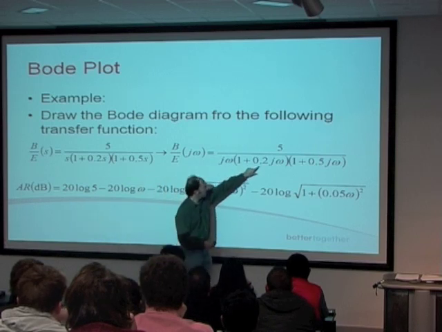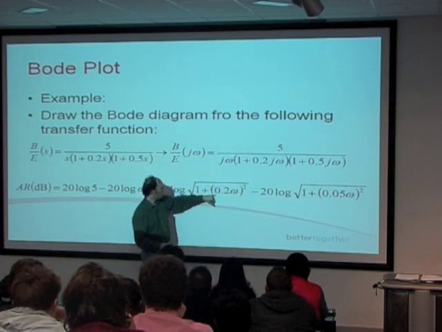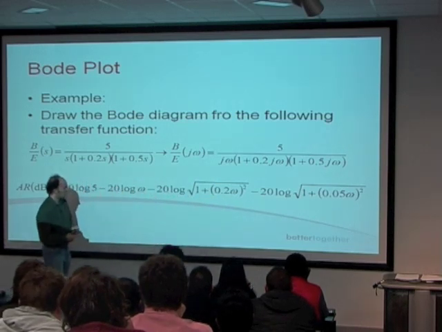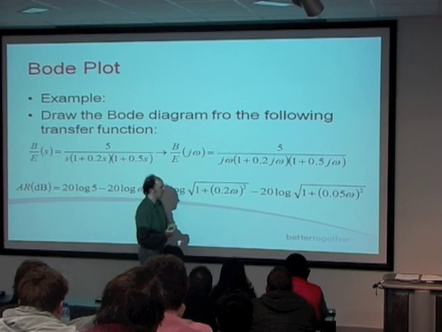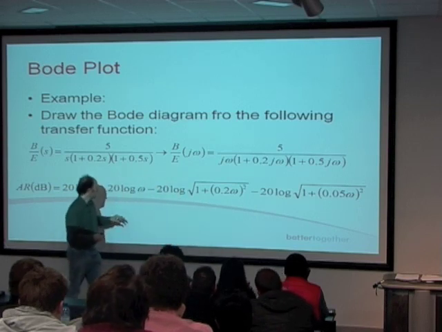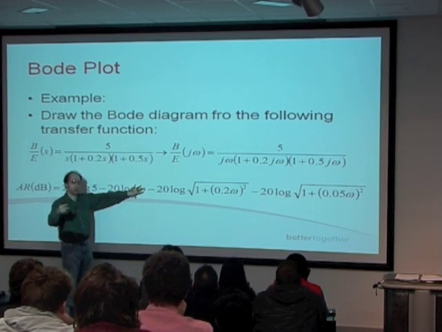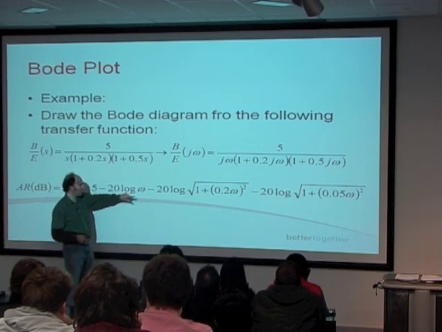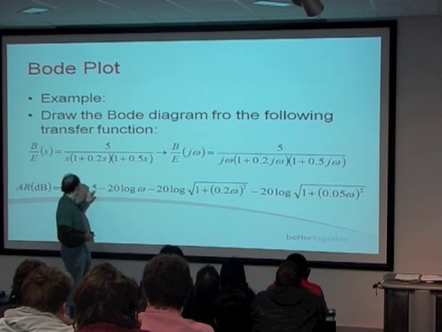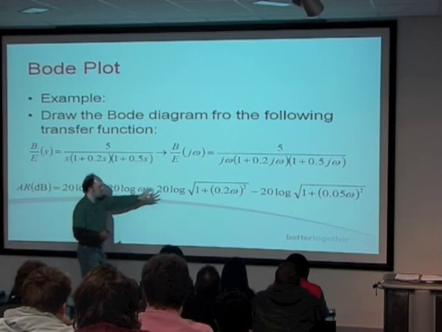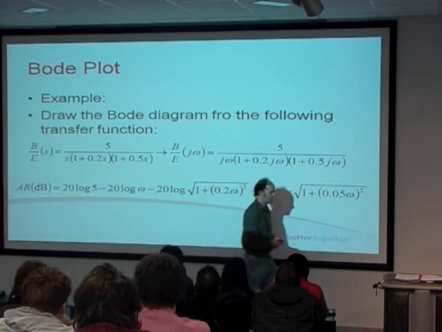There's the real part, there's the imaginary part, 1 plus 0.2 omega squared. And then we've got 20 log 1 plus 0.05 omega squared. Okay. Here we've only got the imaginary part, and so you've got obviously omega squared, square rooted, so that's where the omega comes from. And so this is our amplitude ratio, okay? And in decibels, we've got each of these terms, and they all refer to a certain type of response.